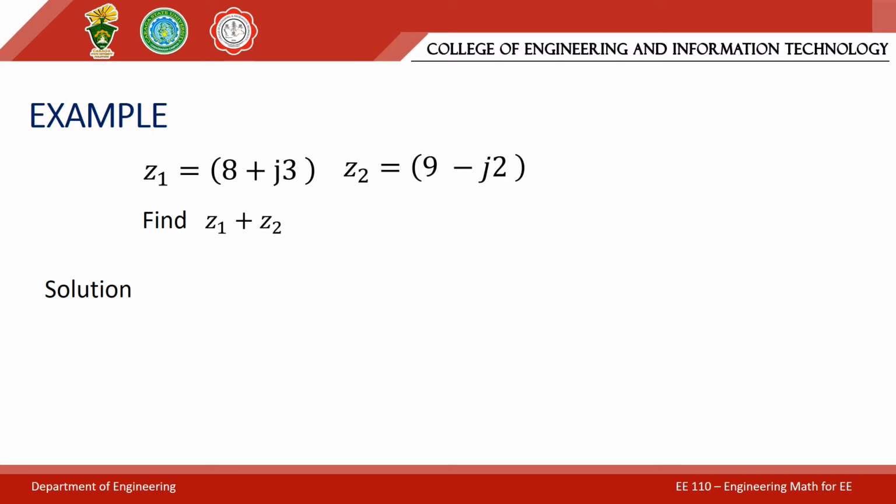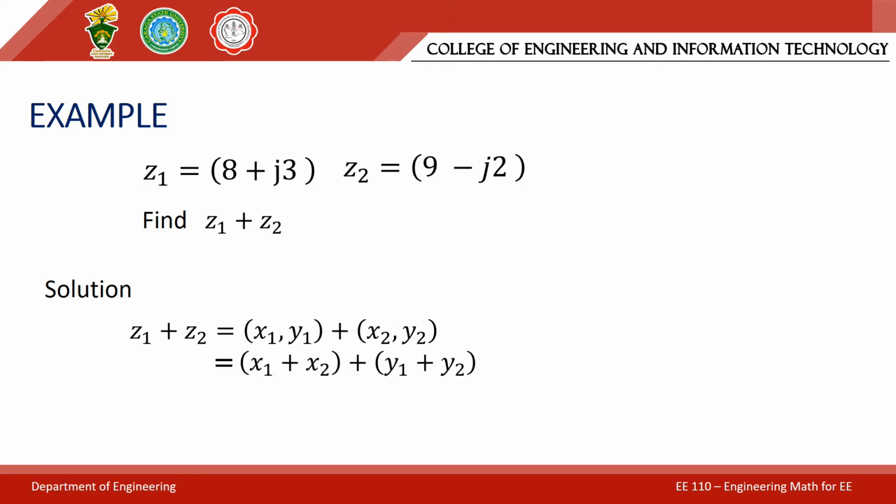So say for example we have here z1 is equal to 8 plus j3 and z2 is equal to 9 minus j2. Then we have to find z1 plus z2. So we will just be using the concept we have learned from the previous slide, wherein z1 plus z2 is just equal to the ordered pair (x1, y1) plus the ordered pair (x2, y2). Then we will just be combining the x term and also the y term.